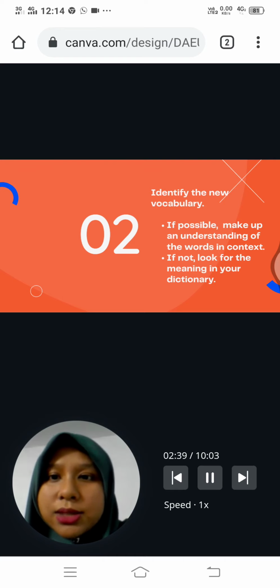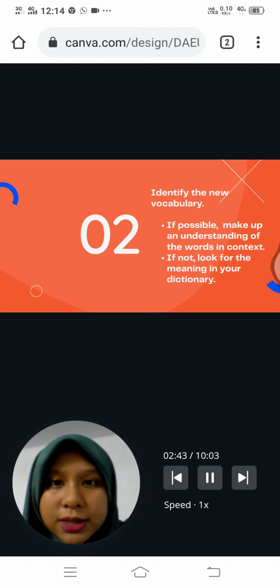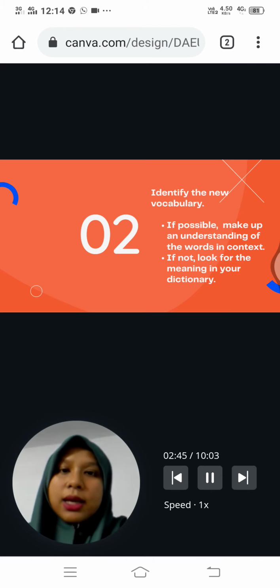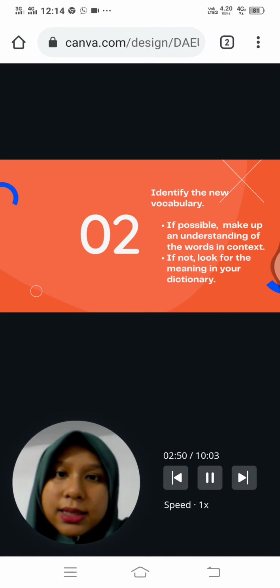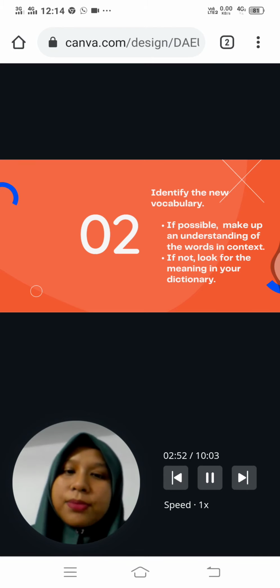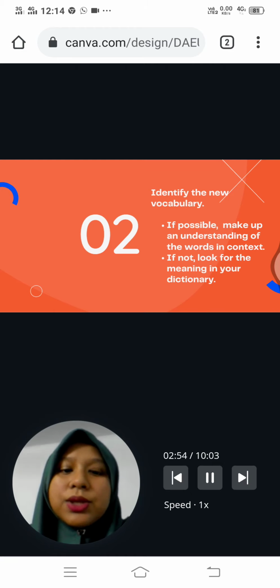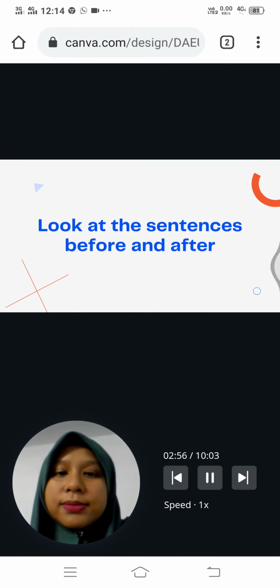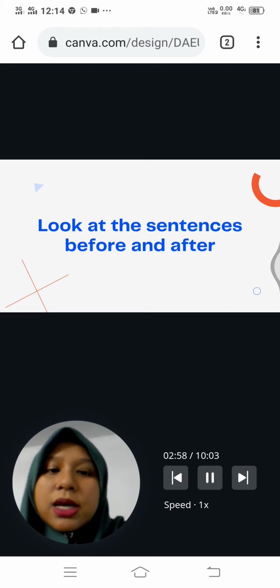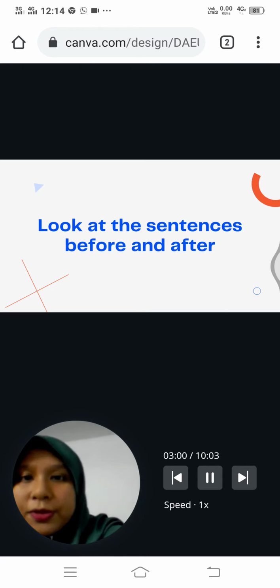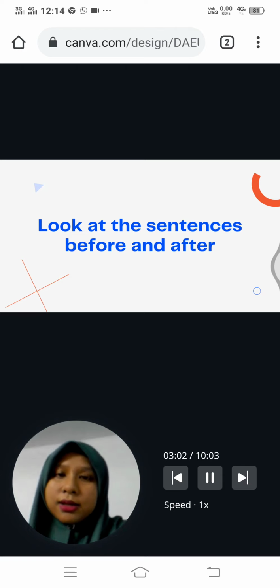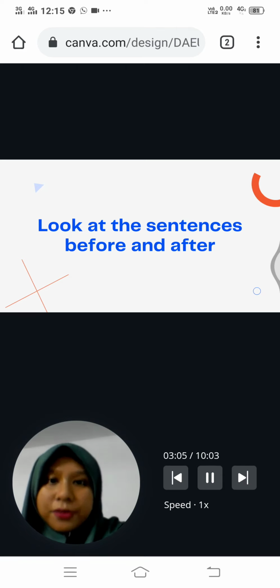If you don't understand one word, you identify it and highlight it, and then you have to make up an understanding. How to do it? You look at the sentence before and after the word.